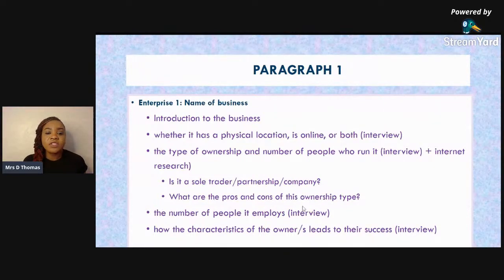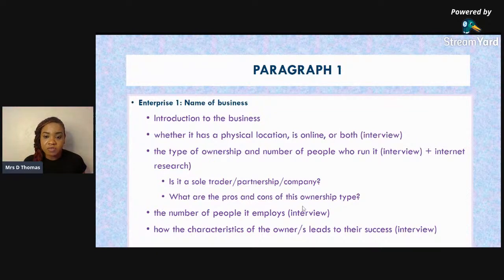How do the characteristics of the owner or the leaders lead to success? What type of characteristic does he display? Does he have excellent time management skills in terms of prioritizing each task? Does he have excellent planning characteristics? Sorry, let me rephrase.